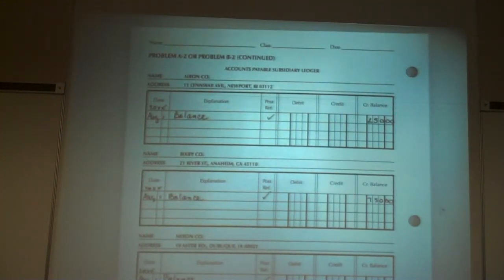Perpetual inventory will keep a running total, consistently changing with your purchases. It will just be up to date as we purchase items. We don't have any problems in Chapter 10 that I assigned for homework that deal with the perpetual inventory.